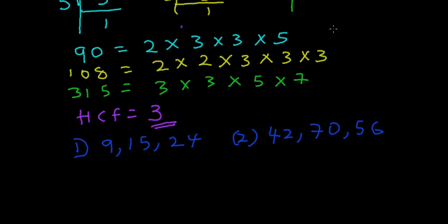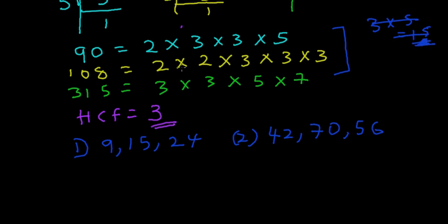But if it is more than 1, let's assume 5 is also common. If 5 is a factor in 105, we're going to have 3 times 5, which is going to be 15. So 15 will be the highest common factor.